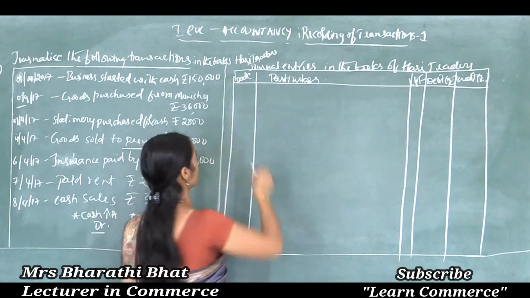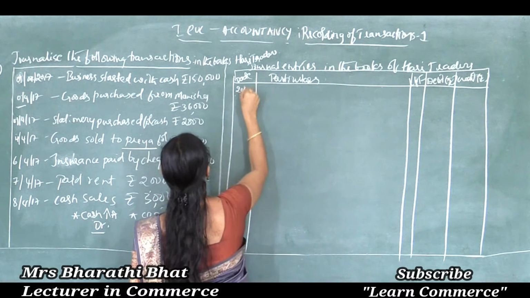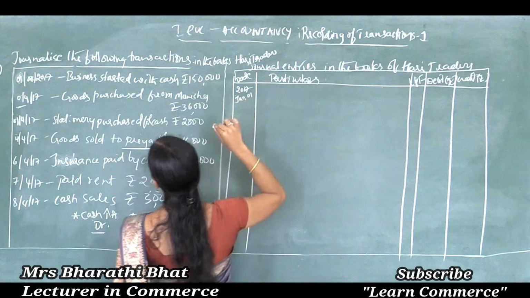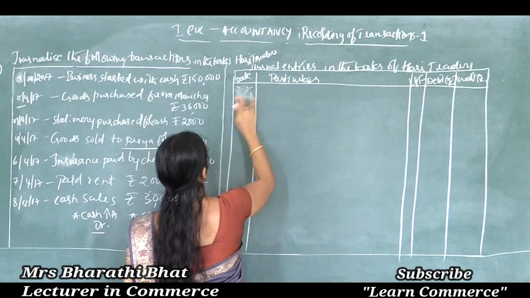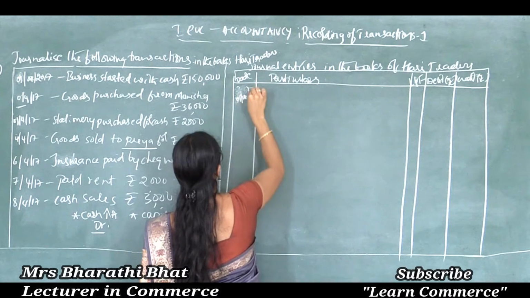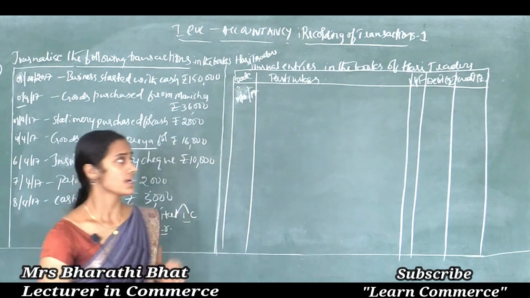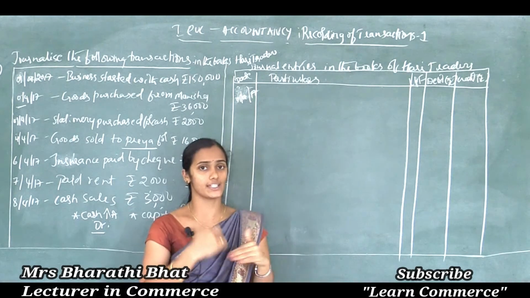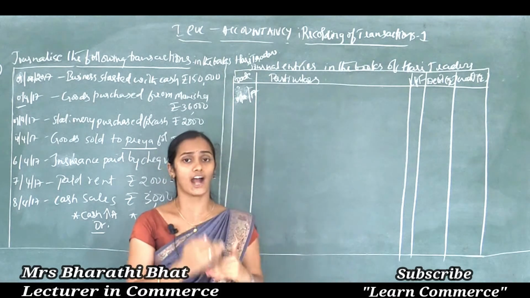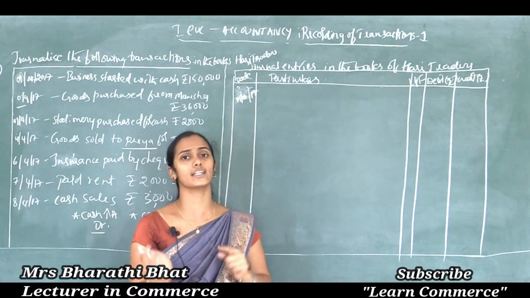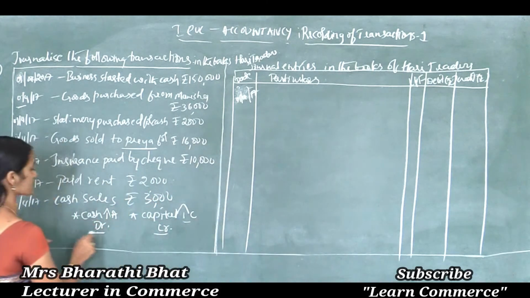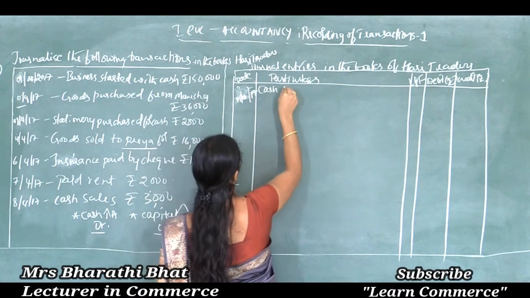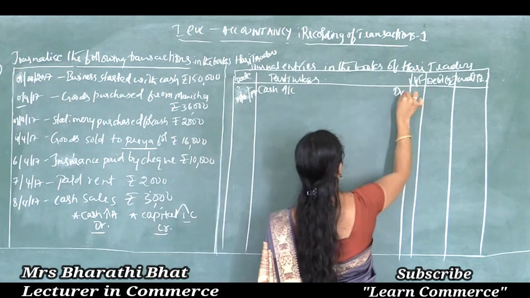Okay, first entry we should mention 2017, 1st April 2017. In the first line, we should record the debit aspect of a transaction, and in the next line, leaving sufficient space, we should record the credit aspect of a transaction. So first the debited account, here cash account, debited.